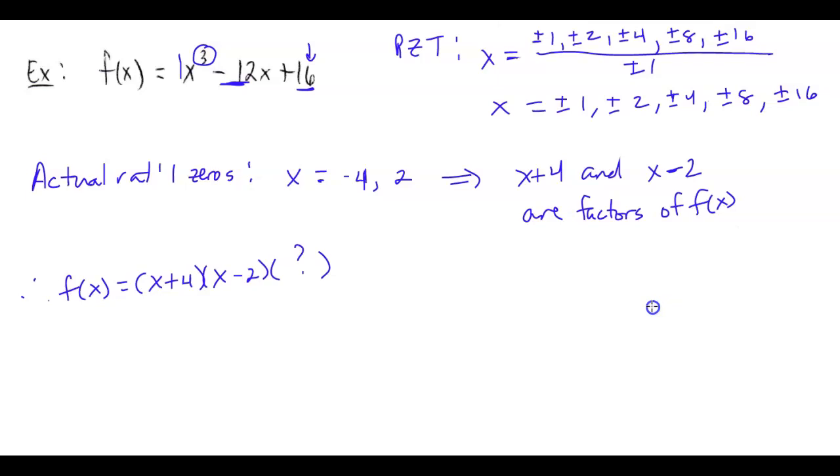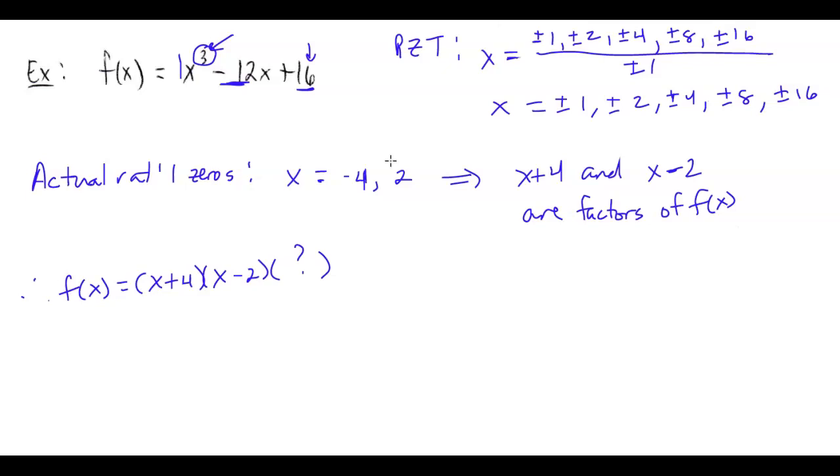Now, before I get into that, how do I know that I'm going to have a linear expression? By definition, since my highest exponent, which is the degree of the polynomial, is 3, I know that I have to have 3 zeros, okay? So here I have 2 of the 3 that I'm looking for accounted for. So since I have 2, I know there's going to be exactly 1 more.